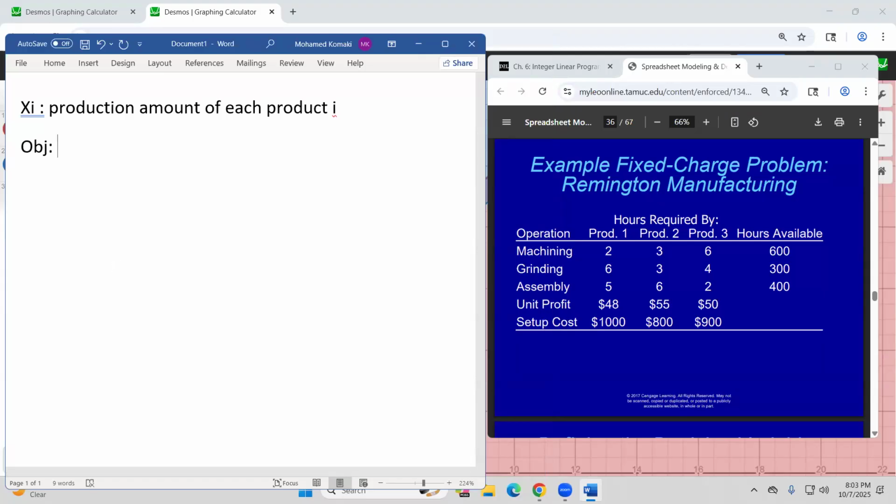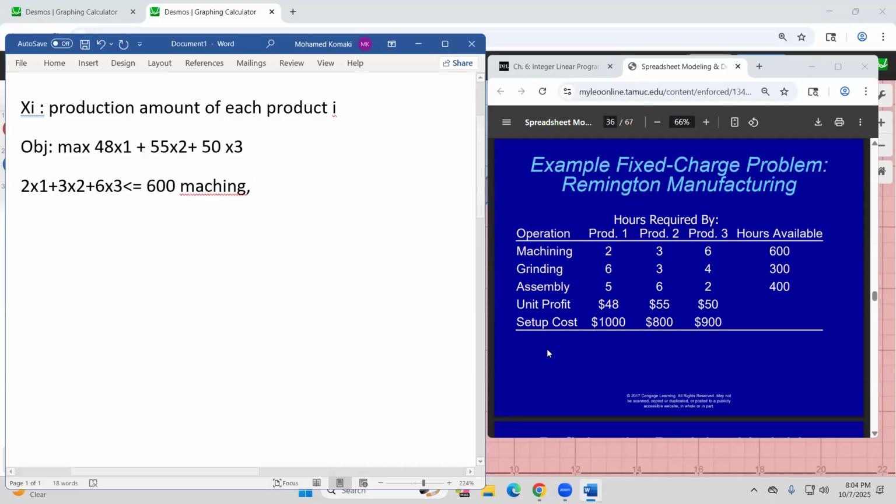So let's write it as maximization. Max of 48 times x1 plus 50 times x2 plus 50 times x3. And the constraints are easy. For example, for machining, I have 2x1 plus 3x2 plus 6 times x3 less than or equal to 600. And you can write the grinding and assembly constraints as well, right? Makes sense for the next two.